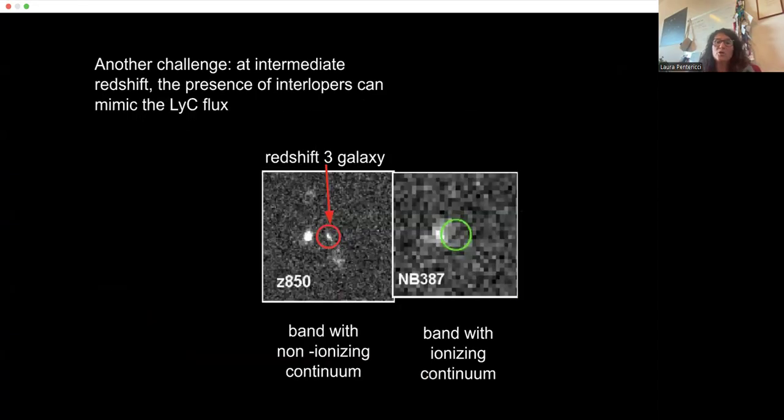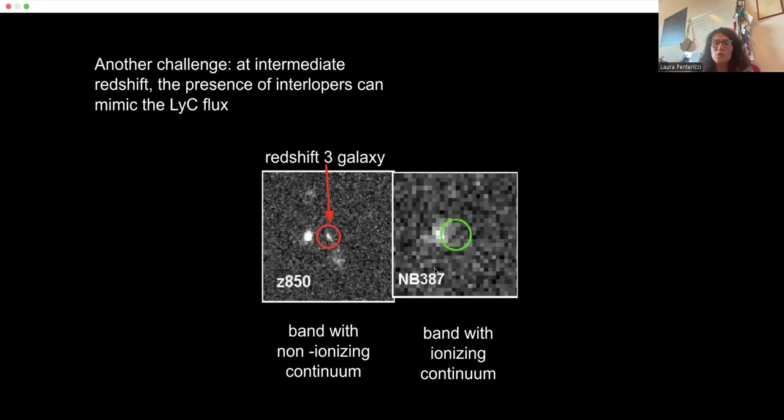Another challenge, again an observational challenge, is that when you try to observe these galaxies at redshift, say, 3, you also have the presence of interlopers. So, for example, this is a galaxy at redshift 3, and this is observed with a filter Z, which determines the non-ionizing continuum.